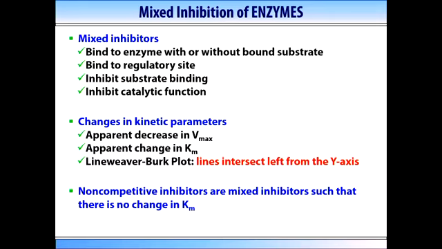They bind to the regulatory site and inhibit substrate binding and the catalytic function. In terms of changes in the kinetic parameters, they would decrease the Vmax, so the maximum velocity will be lost, and they would be changing the Km. However, we don't know exactly how it will change, either making it larger or smaller.